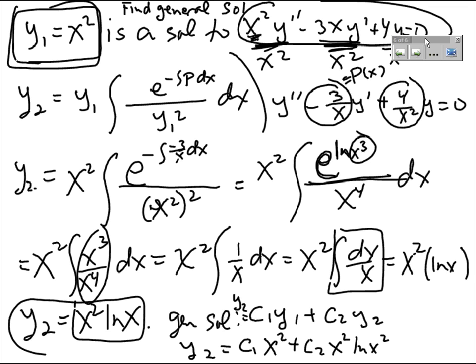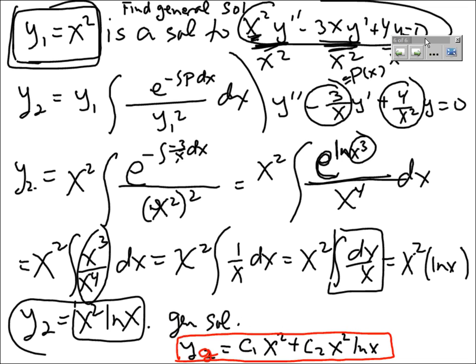And this here is not y2, sorry, we'll call it y general. That's a general solution. Linear combinations of solutions are also solutions. Y general is a multiple of y1 plus a multiple of y2. So that there is the general solution.